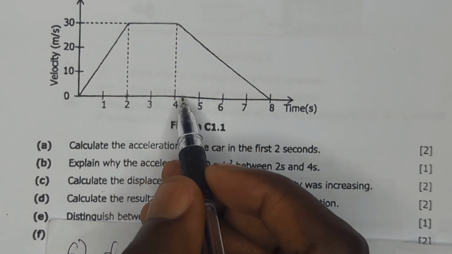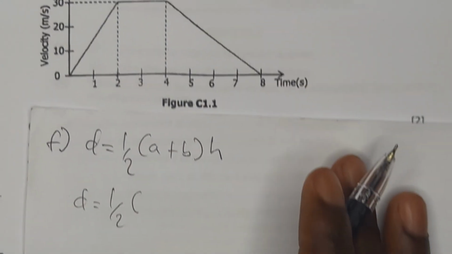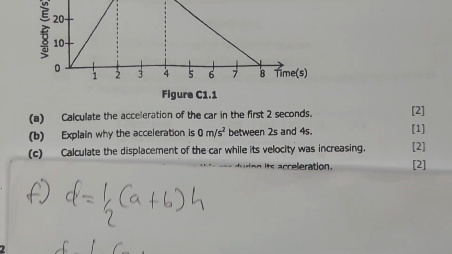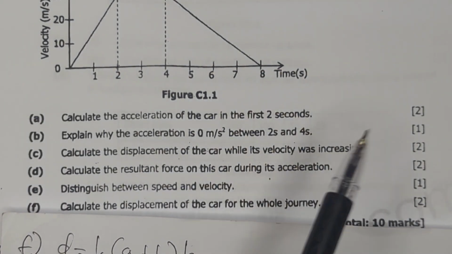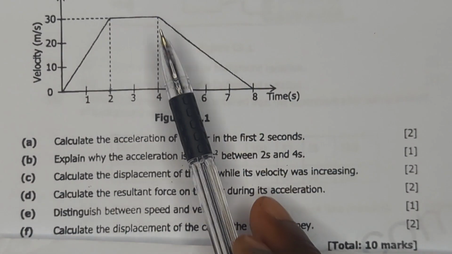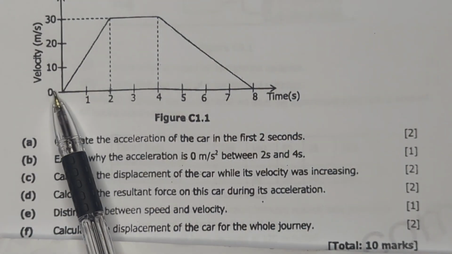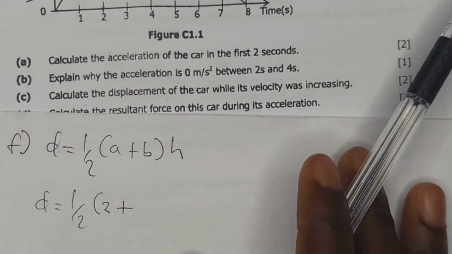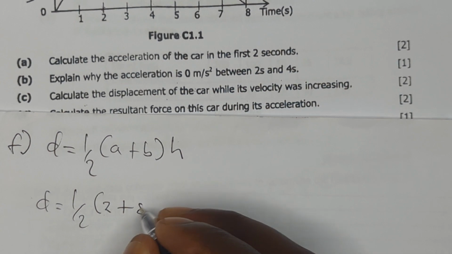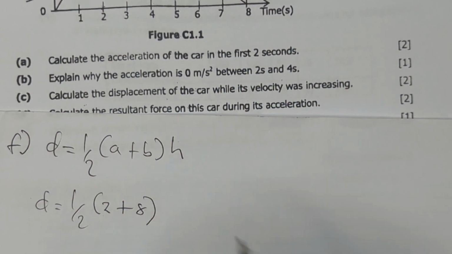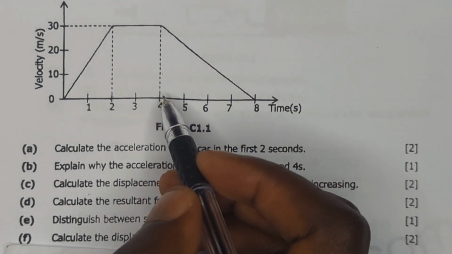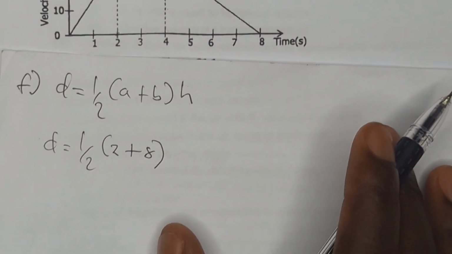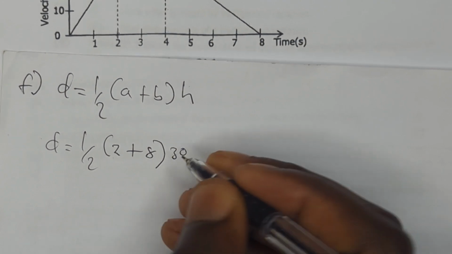So this is 2, this is 4. 4 minus 2, it will give us 2. Plus b is the specific time. So if we check the time from this point to that point for the whole shape, that is 8. H is the height, the distance from this point to that point, which is 30. So our h, that is 30.